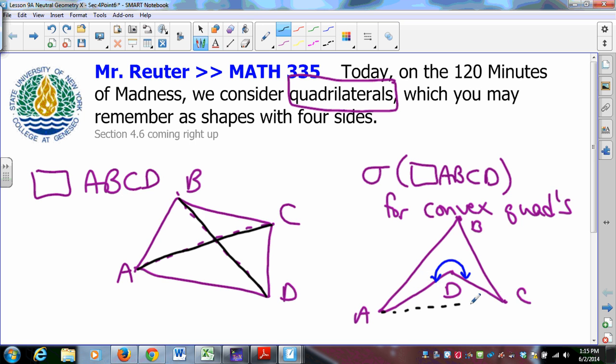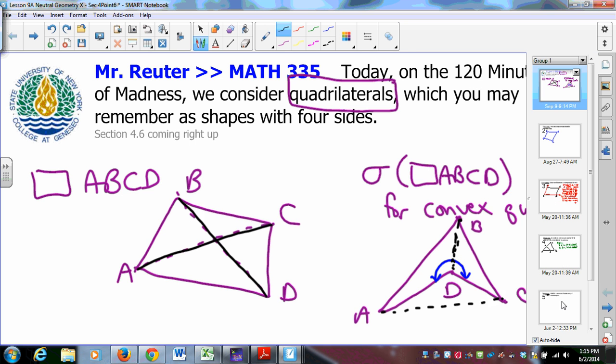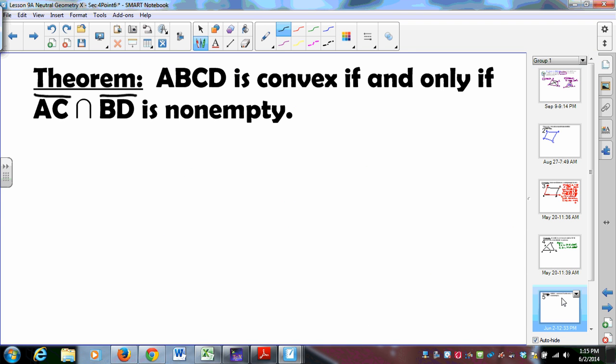But for ACBD, AC intersect BD is very empty. So it appears to make sense that ABCD is convex if and only if AC intersect BD is non-empty.